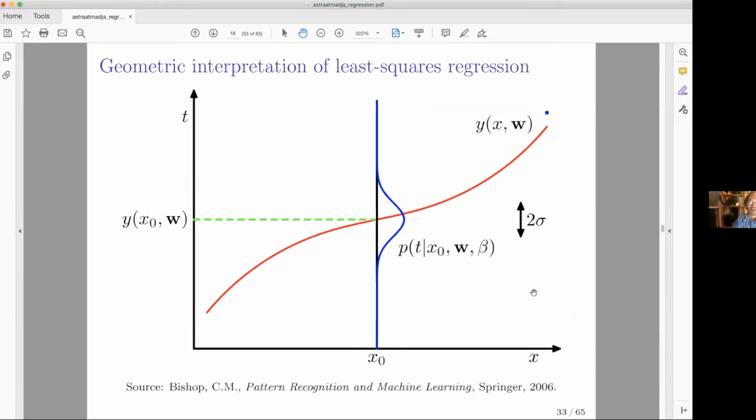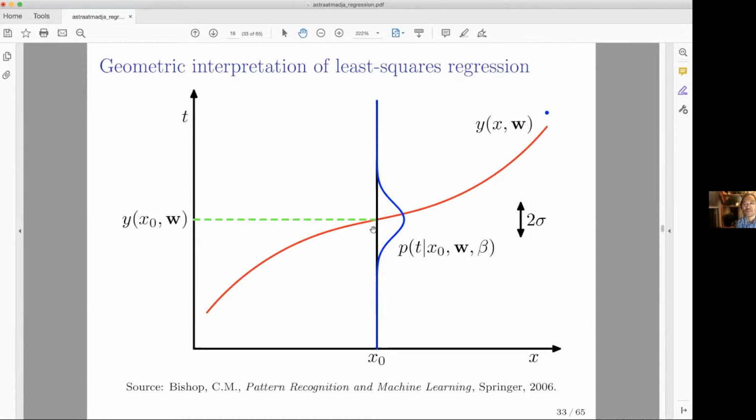Right. So this is just a geometric interpretation. What does it mean when we do least squares in geometric terms? Suppose this is the true line that we want to infer. The data points will be scattered in a Gaussian way. This is the Gaussian curve for this data point, scattered vertically around this axis.